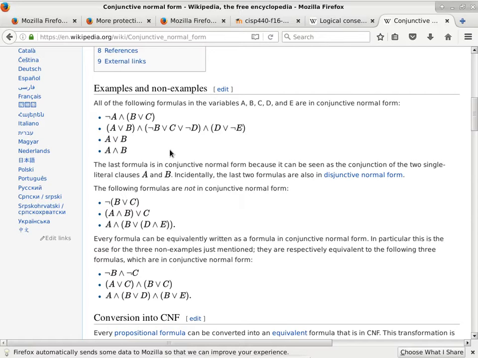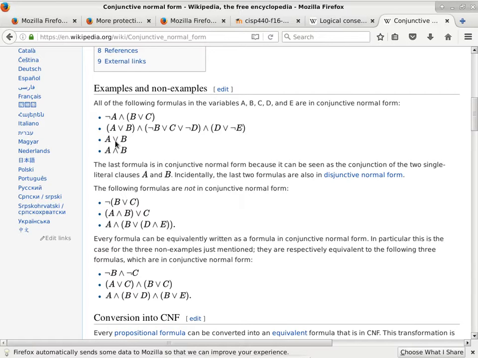So let's take a look at why we call all of these CNFs. The last operation is a conjunction, which makes it a CNF. In this case, the last operation is a bigger conjunction, which makes it a CNF. Now this one is a CNF because even though it only has a disjunction, you can look at this entire disjunction and say you can always AND with 1.